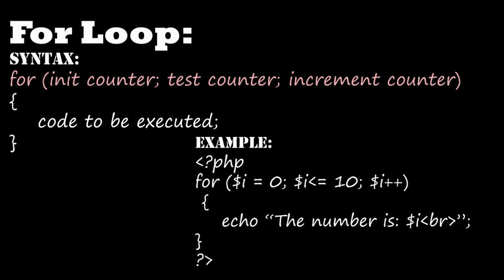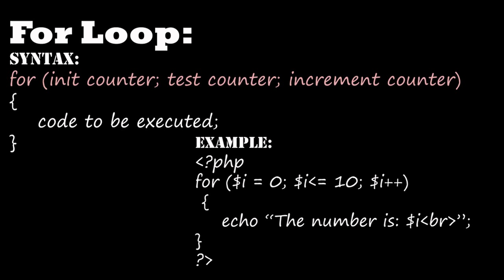So I plus plus, the increment operator, is also used here, and the statement they have given inside this for loop is echo the number is, and whatever comes in the value of I will be displayed. Okay, and then they have closed the for loop bracket, and then they have closed the PHP closing tag, that is question mark and the greater than symbol. This is about the for loop.